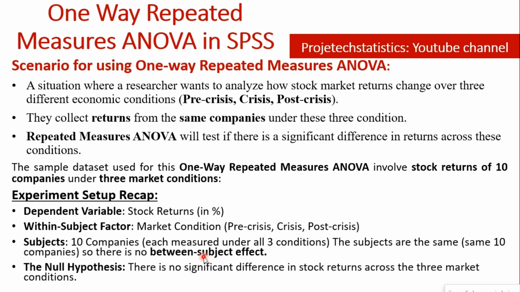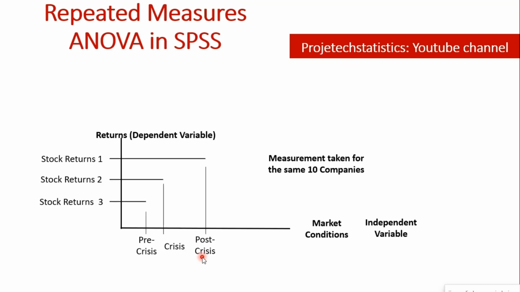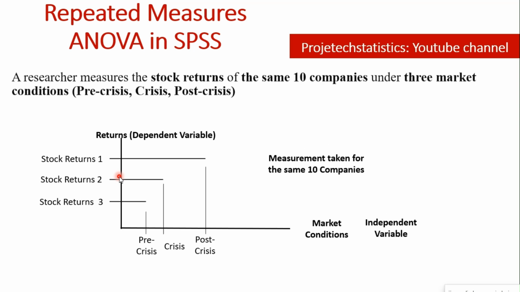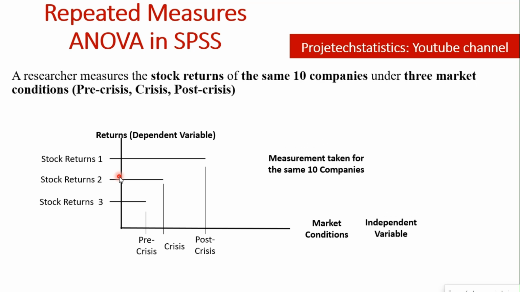The hypothesis we are going to test is that there is no significant difference in stock returns across the three market conditions. And I have given you a diagrammatic sketch of how the design could look, to give you further understanding of the structure of one-way repeated measures ANOVA.